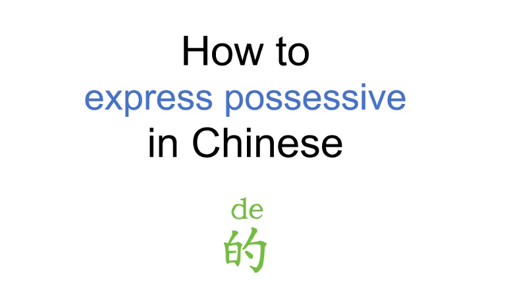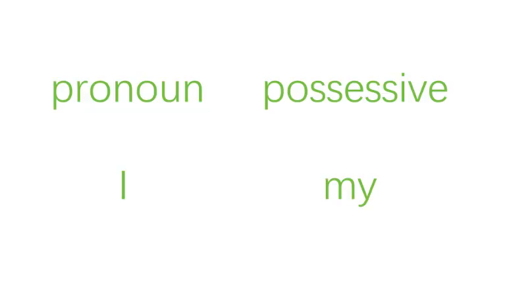First, let's learn how to express possessive in Chinese. In fact, in Chinese, we don't have separate words to express possessive. Like English, to say possessive, we say my, which is totally different from the word I. But in Chinese, it's much simpler.